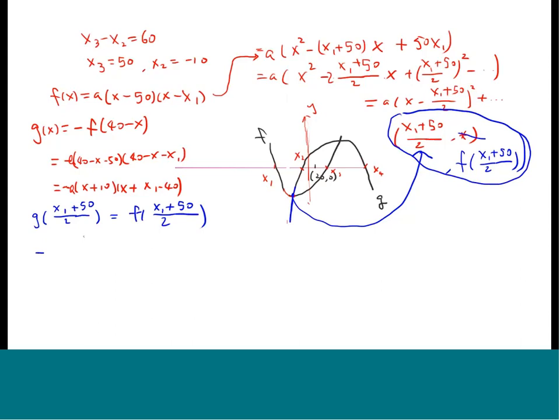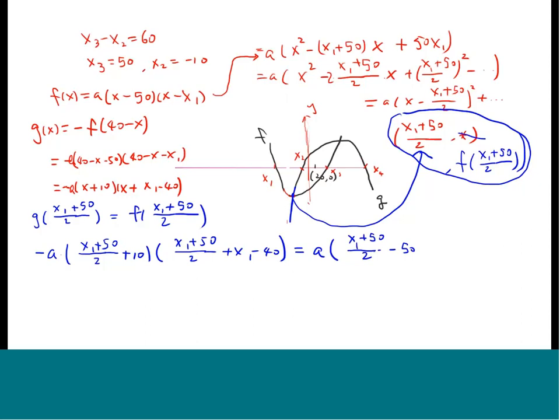So minus 8, then plus 10, then 40 equals a half of x1 plus 50 minus 50, half of x1 plus 50 minus x1, right?